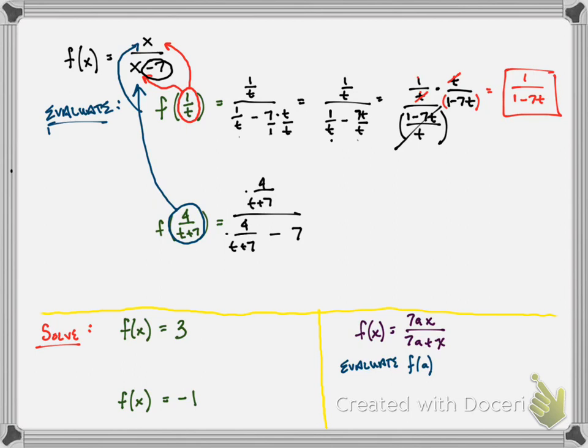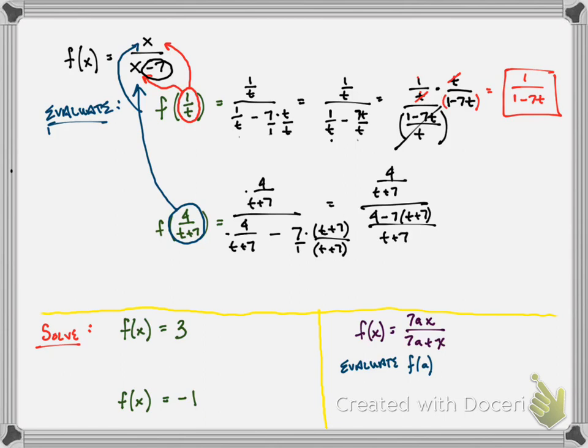Now, again, these two terms cannot be combined until they have a common denominator, so I'll multiply 7 over 1 by t plus 7 over itself, which is just 1, remember. This gives me 4 over t plus 7 over 4 minus 7 times the quantity t plus 7 over t plus 7.